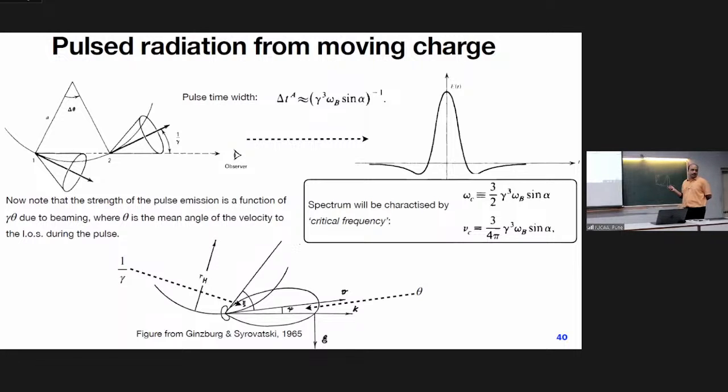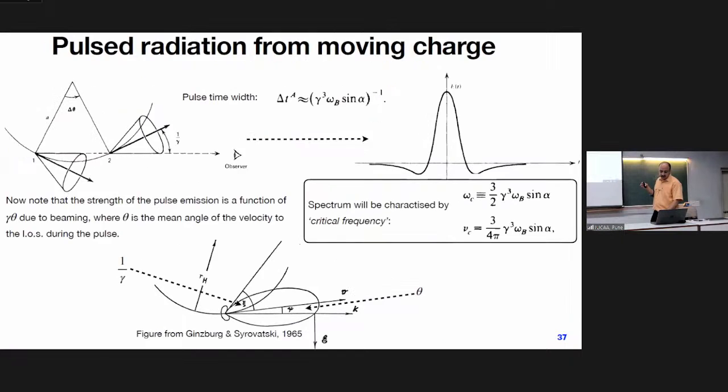It depends on the magnetic field and on the angle, sine alpha. So if I have an electron with higher energy, the emission shifts towards higher frequencies. If I have an electron gyrating around higher magnetic field strengths, the spectrum shifts toward higher frequency. So this is a very nice way of understanding.